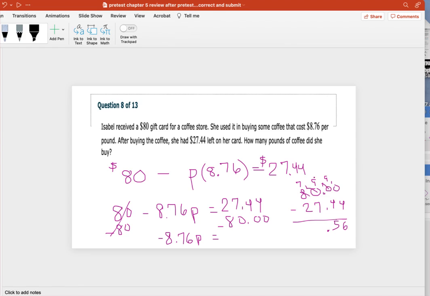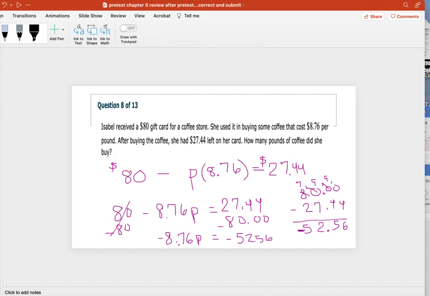Decimal stays in spot. 9 take away 7 is 2. 7 take away 2 is 5. And we're going to give it a minus sign because that's the bigger of the two. He's pulling stronger in the tug of war, isn't he? So let's go ahead and put negative 52.56 here.